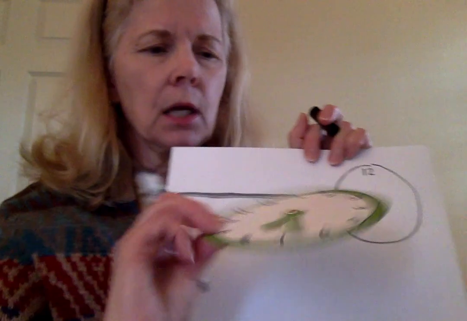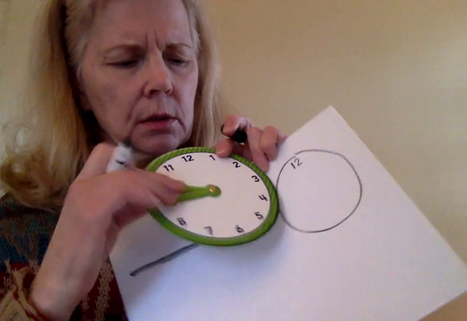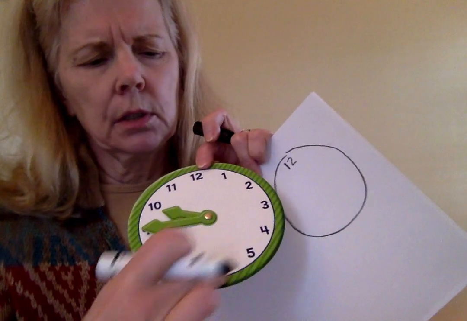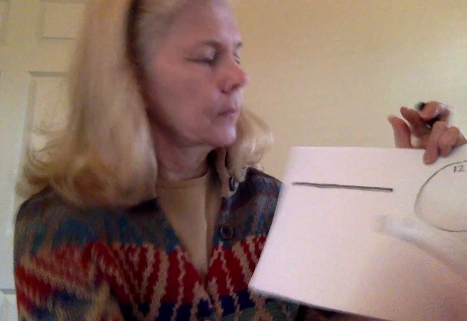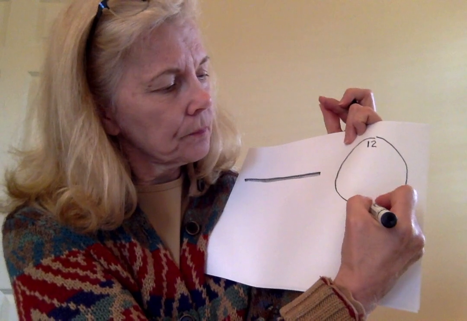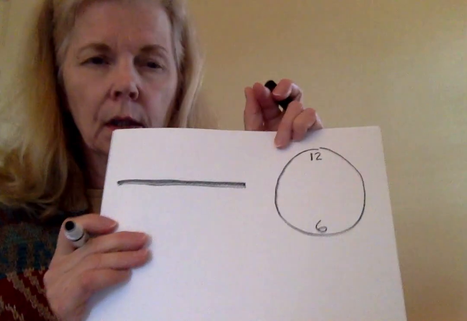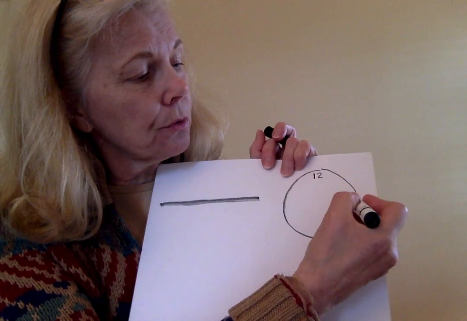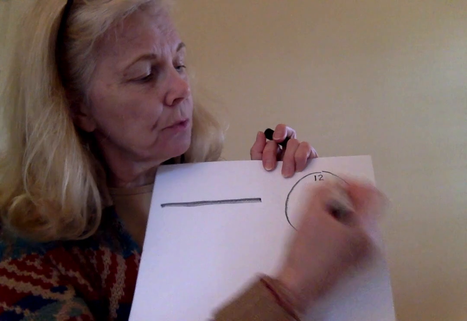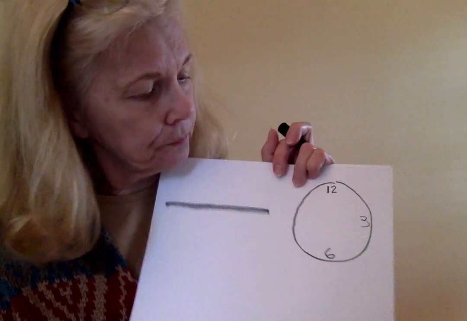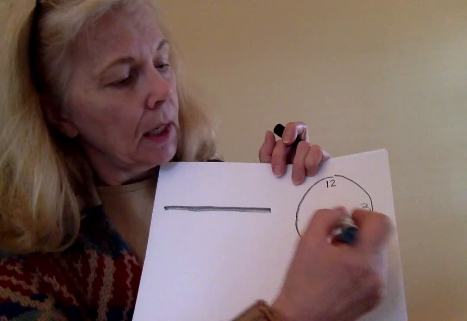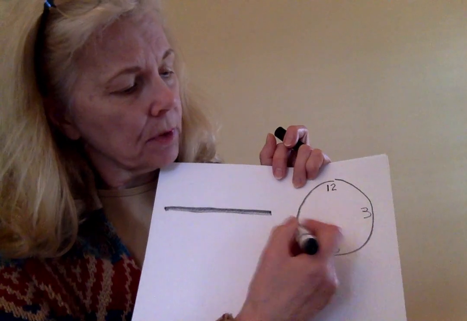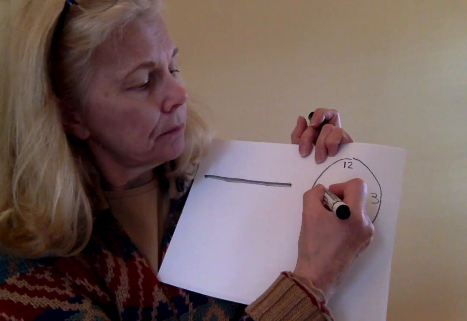Now, if I look at my clock, halfway around is the 6. Now, when we're counting in between, 1, 2, 3 comes right here between 12 and 6. And then we keep going, and across from 3 is 9.